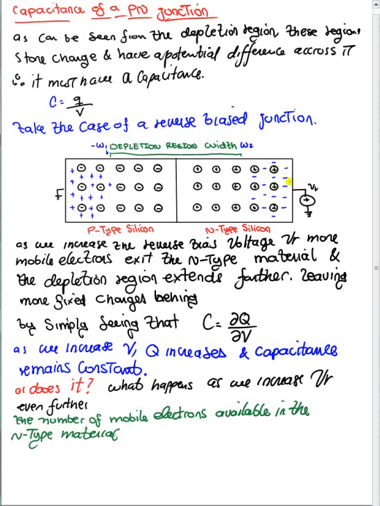As we keep pulling electrons out of the N-type silicon, there are going to be very, very few, so pulling them is a lot harder, and we have to increase the voltage even further to get them out.